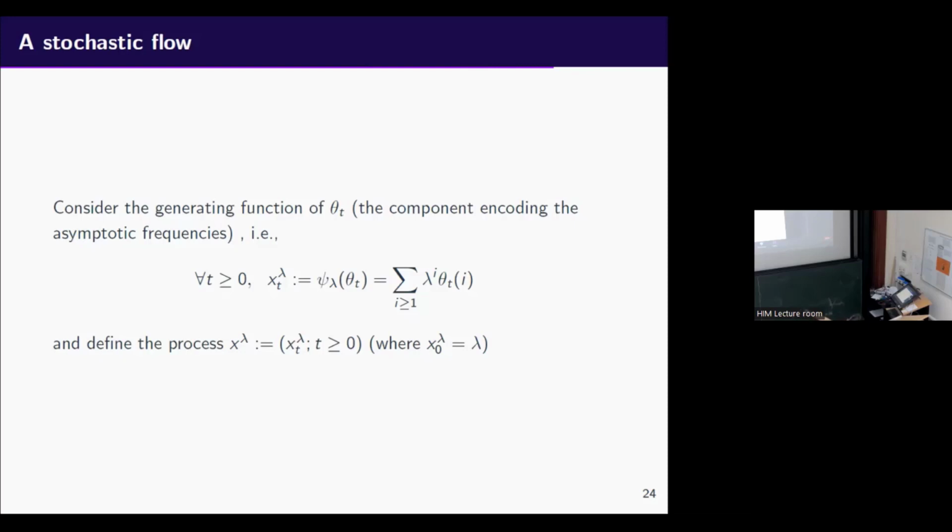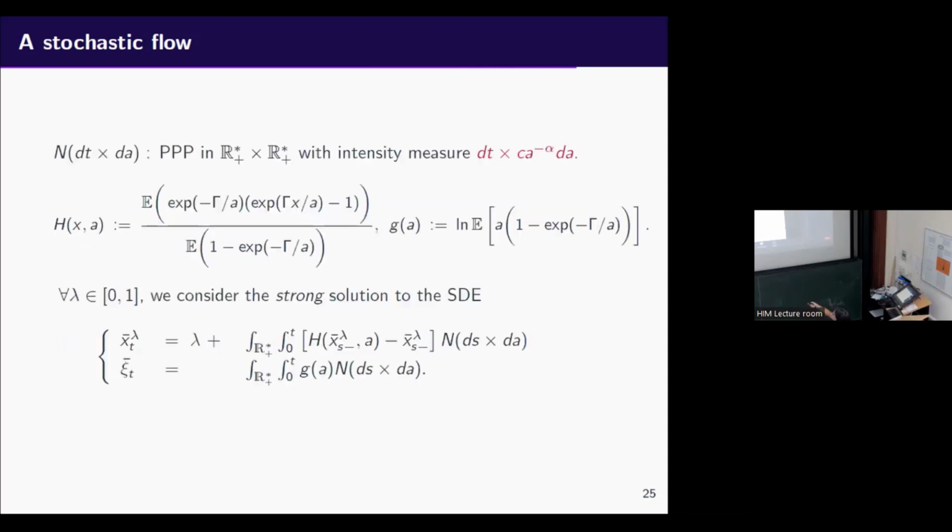So you take some lambda and you consider the generating function, and we are going to define this process x indexed by lambda, where x at time 0 is lambda.